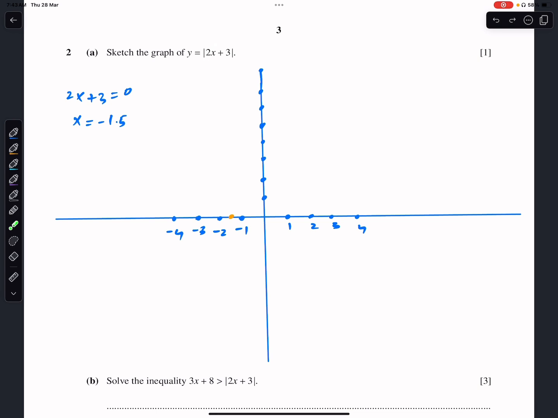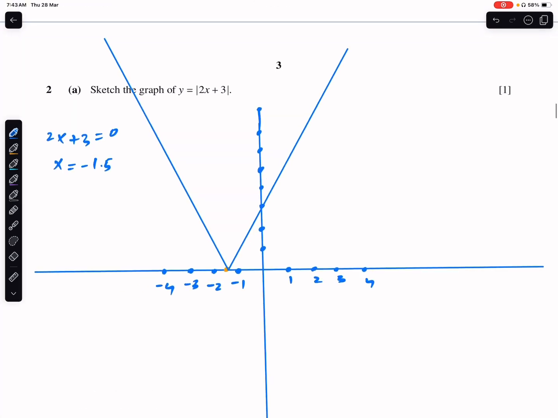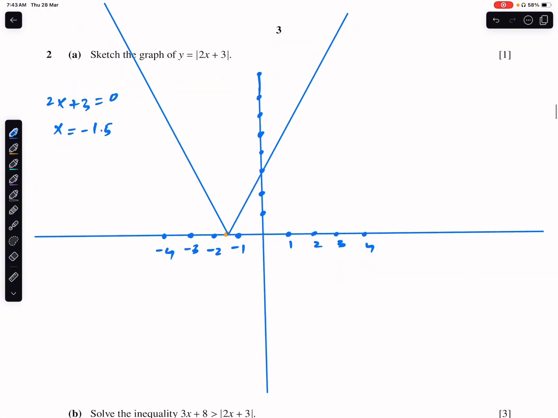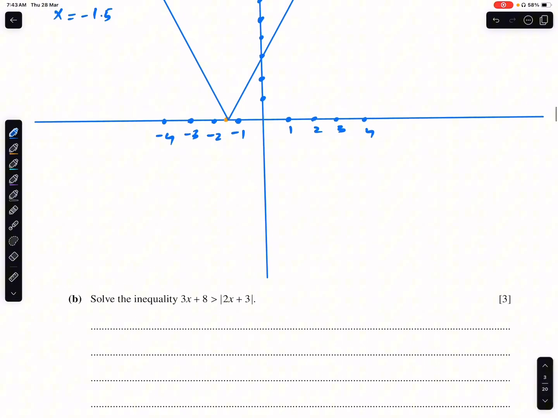So that means that you will draw a vertex at minus 1.5 and draw a line passing through 3. And using symmetry, you can draw another line like this. Okay, so this is the sketch of y is equal to mod of 2x plus 3. So move on to next question.